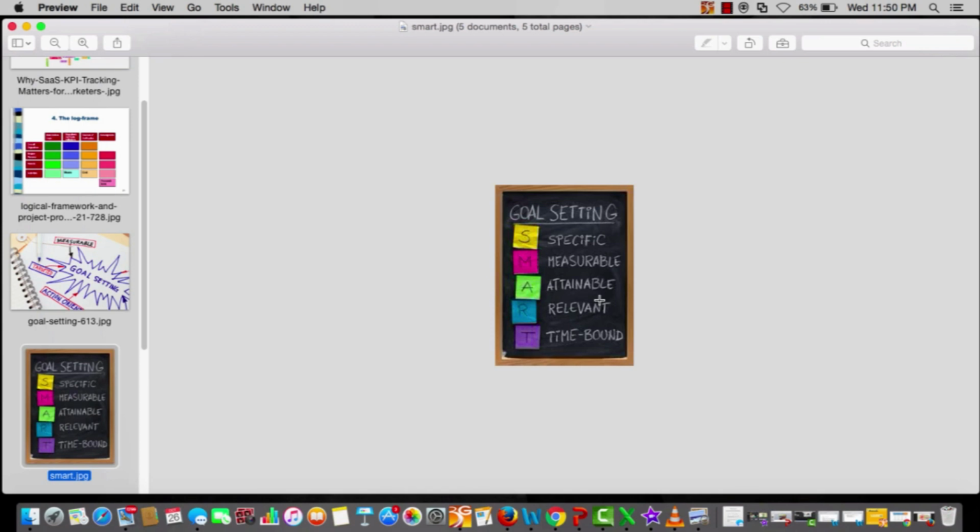Well, in most cases it may, but in most cases actually it may not, because resources need to be attached. You have to understand how much resources you have for such a project or such an intervention, what are the policies, and so forth and so on. Okay, it needs to be relevant, it needs to be time bound.